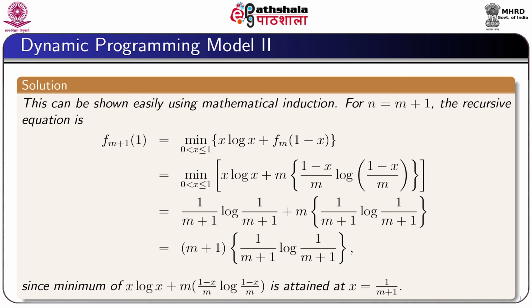And since the minimum of this is attained at x equal to 1 by (m plus 1), f_{m+1} can be obtained as (m plus 1) into 1 by (m plus 1) log 1 by (m plus 1).